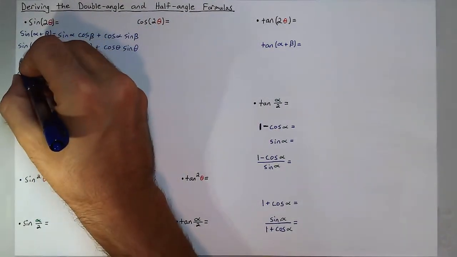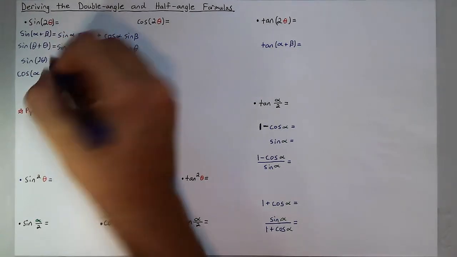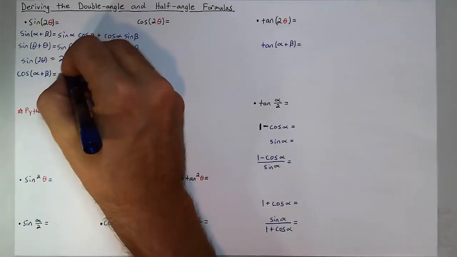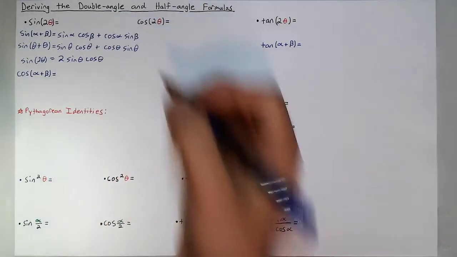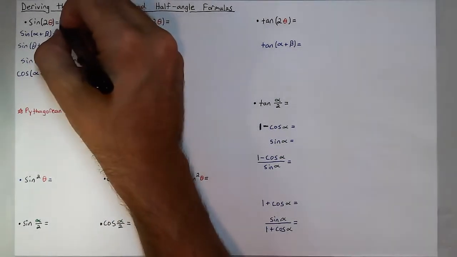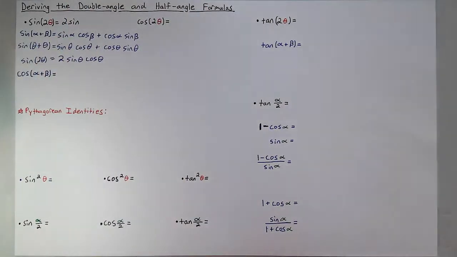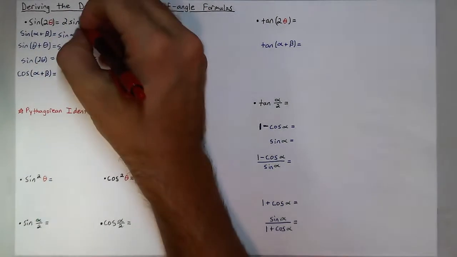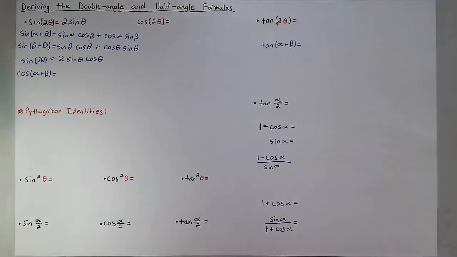And when we combine our like terms, we learn that sine of 2 theta is equal to 2 sine theta cosine theta. So the formula for doubling the angle for sine is 2 sine of theta times cosine of theta.